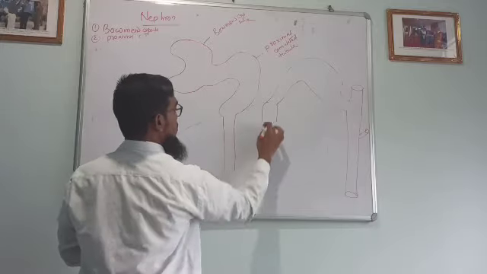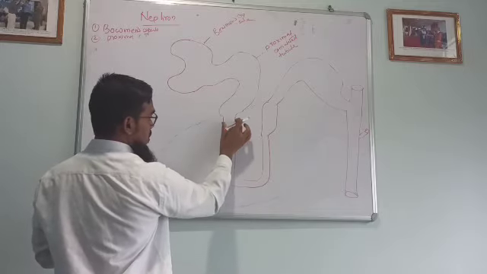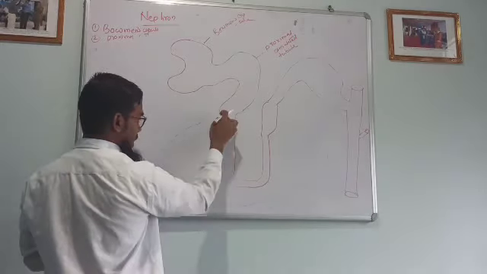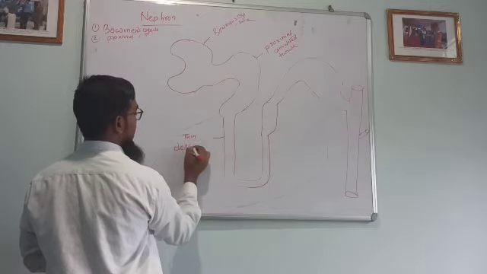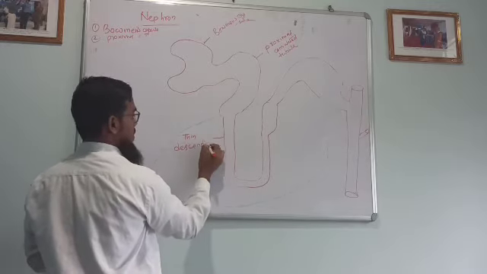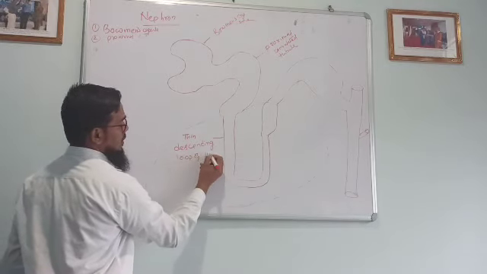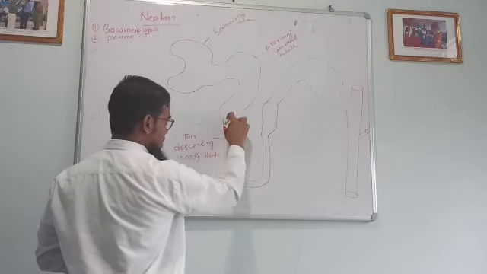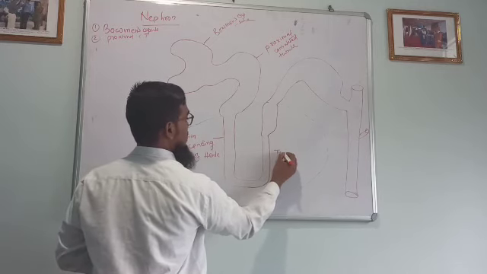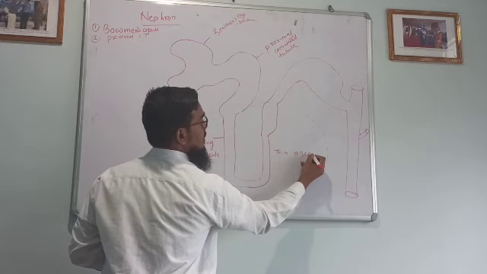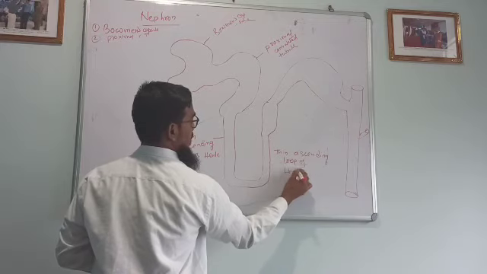Next, this is a U-shaped structure. This part is called loop of Henle. This part is a thin structure going downwards, that's why it is called thin descending loop of Henle. Descending means downwards. And this is ascending, and it is also thin, so it is called thin ascending loop of Henle.